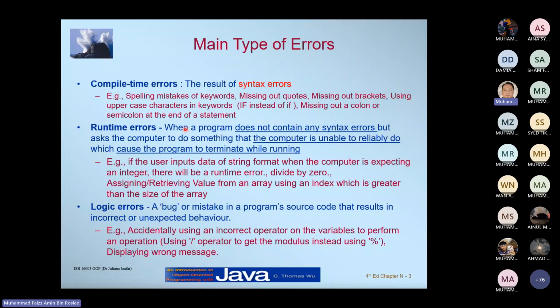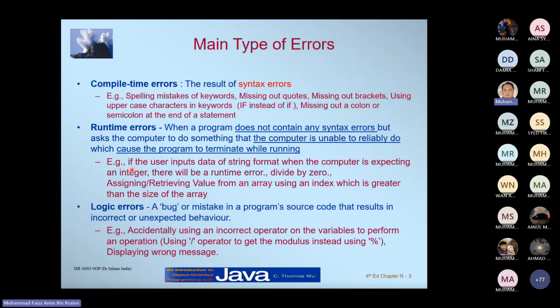The second one is the runtime error. A runtime error happens when a program does not contain any syntax error, but asks the computer to do something that the computer is unable to reliably do, which causes the program to terminate while running. For example, if the user inputs data of string format when the computer is expecting an integer, right?